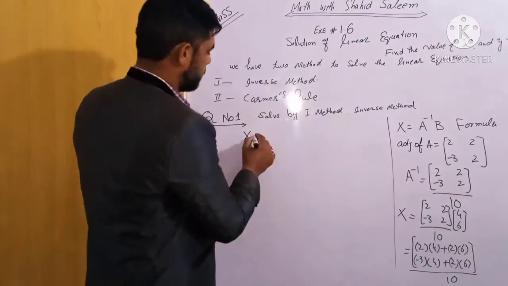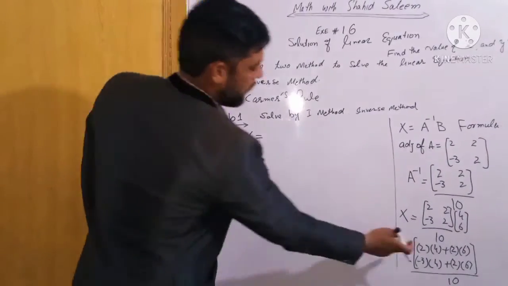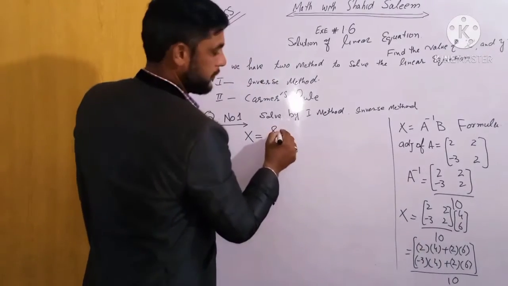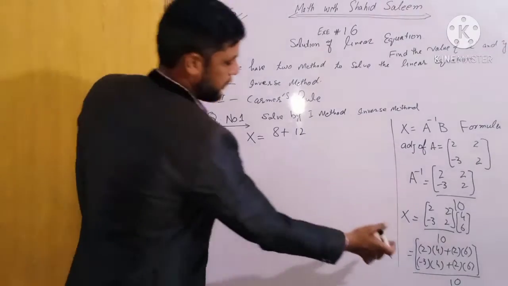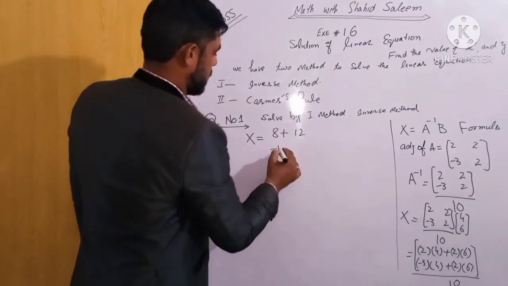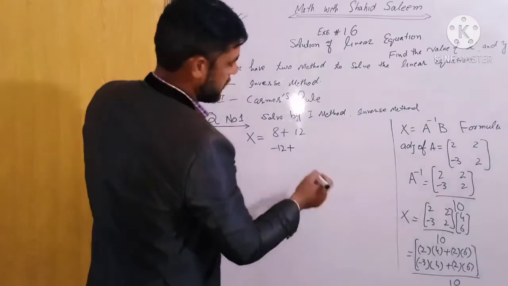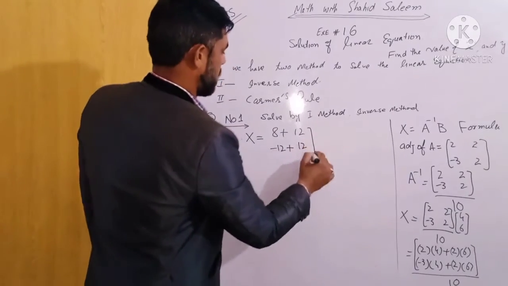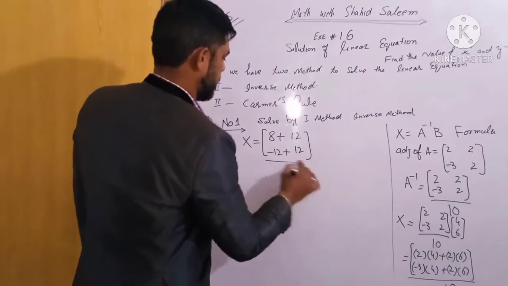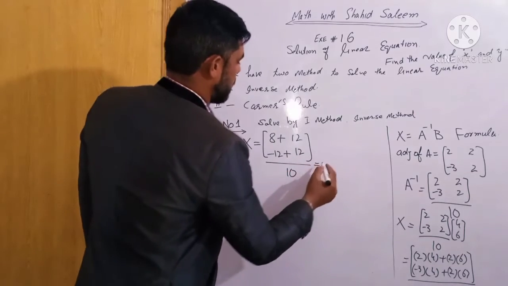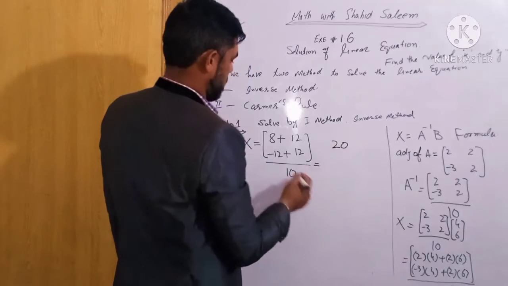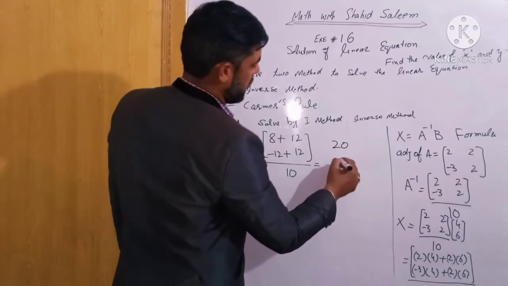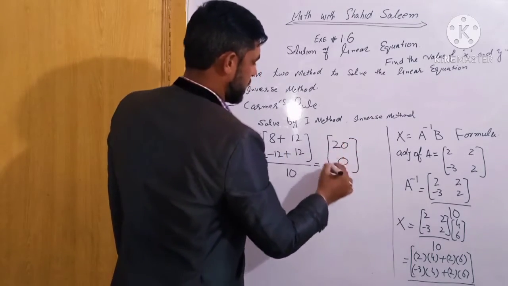X equals 4 twos are 8 plus 6 twos are 12, minus 3 fours are minus 12 plus 6 twos are also 12, over 10, which is equal to 20 and 12 minus 12 equals 0, over 10.